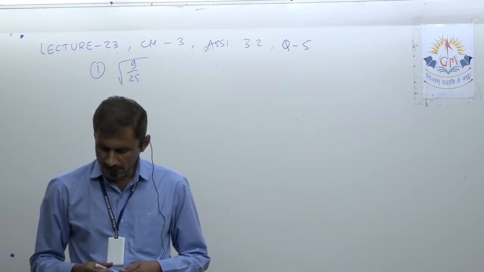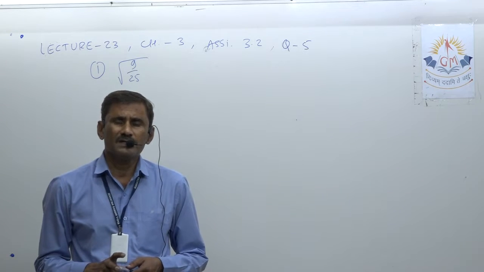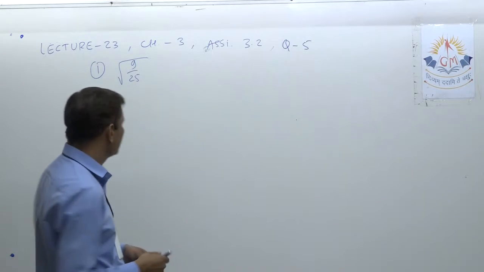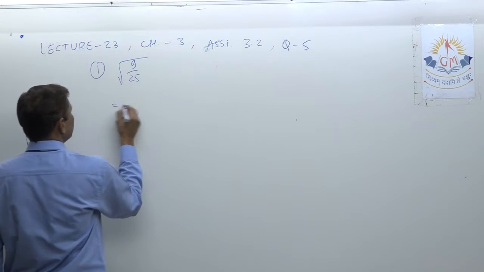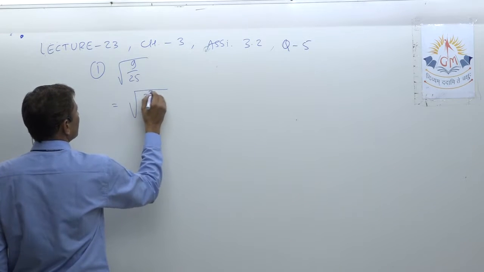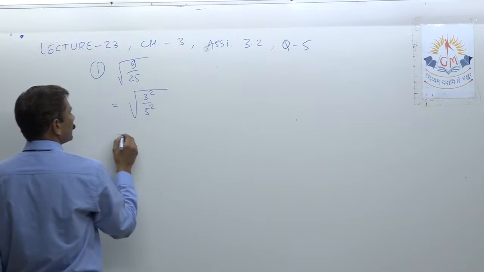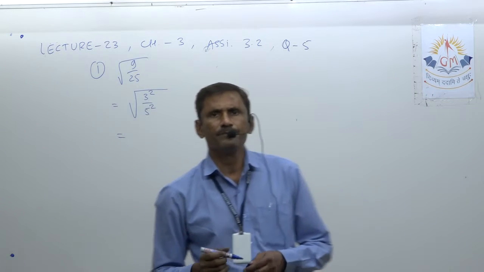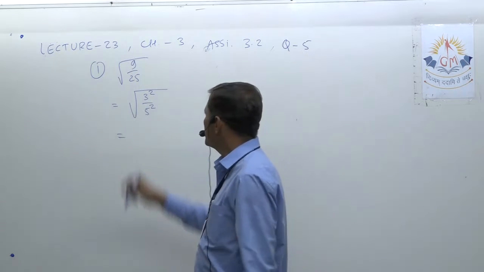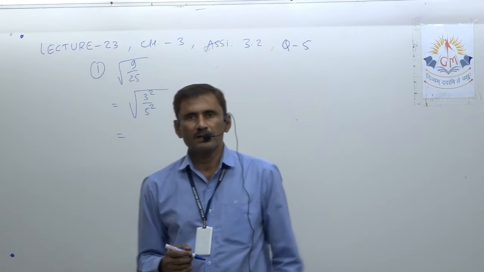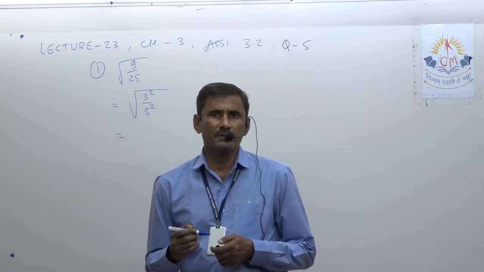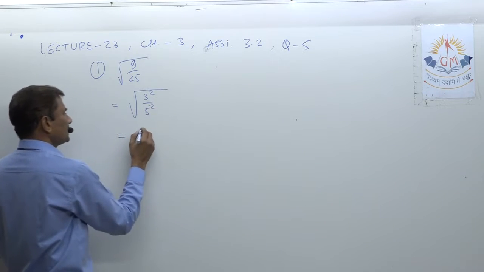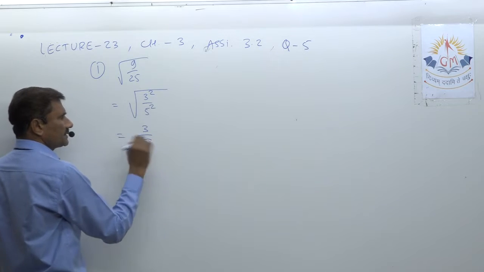Very easily you can say here 9 and 25: basically you can write 3 square and 5 square, because they are very simple and smaller numbers. So 9 is 3 square and 25 is 5 square. So square and square root cancel out, okay, you understand.